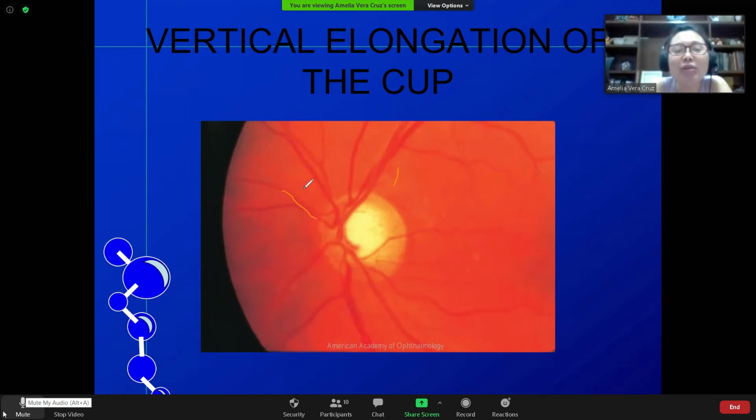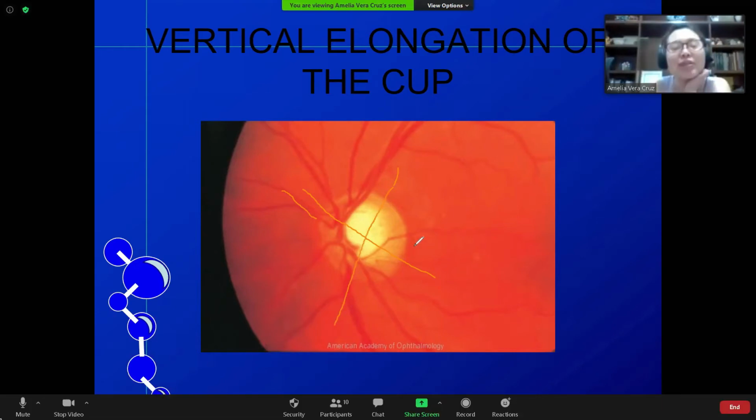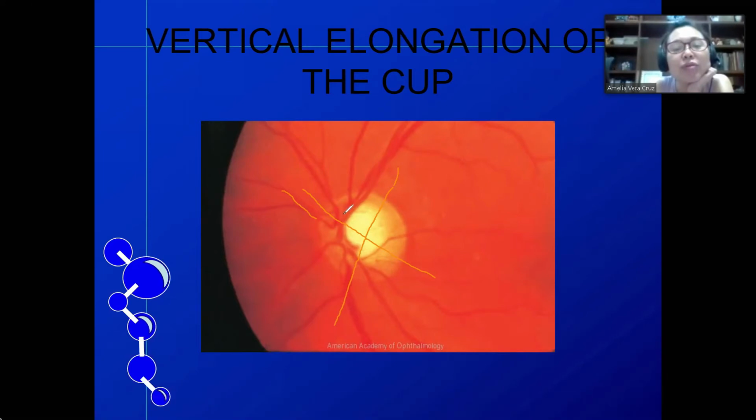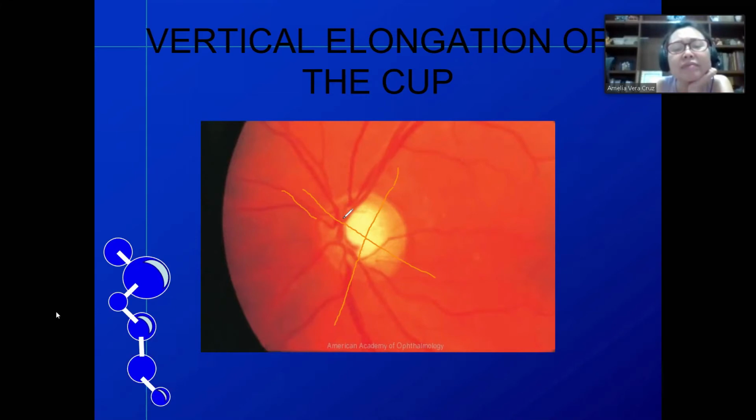Center. Okay, dito. Okay. So, sulat. Ito dito, siya, ang kanyang rim, from here to here, ang laki-laki. So, about 0.7. 0.7. Ito, dito, 0.7.